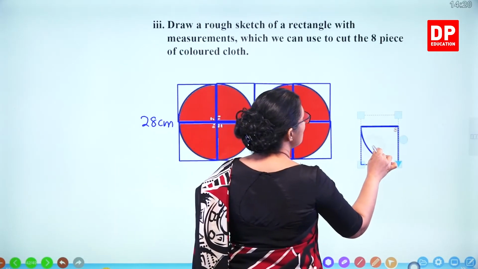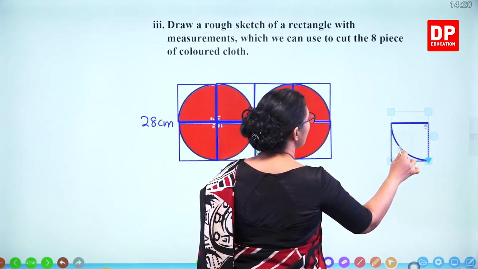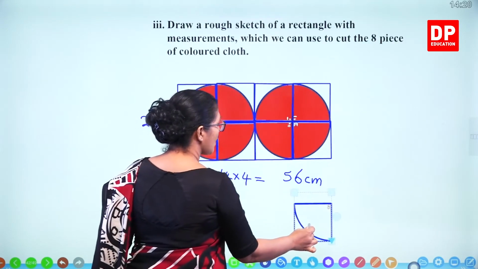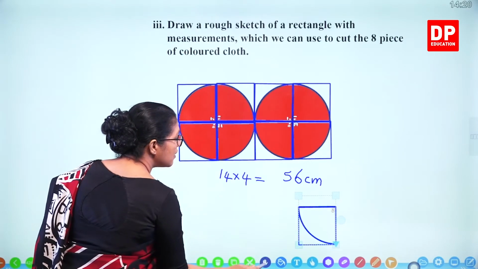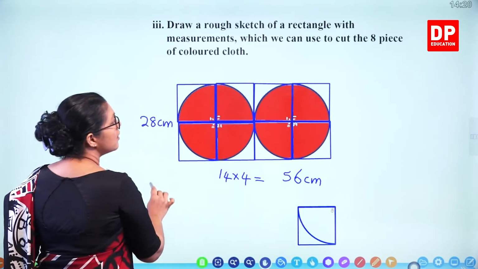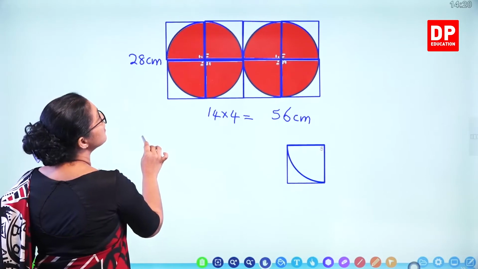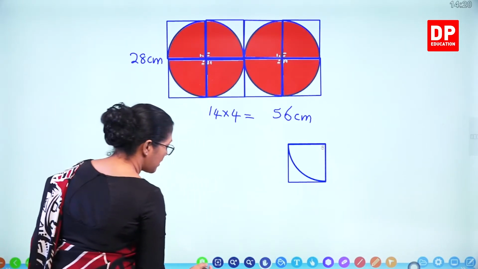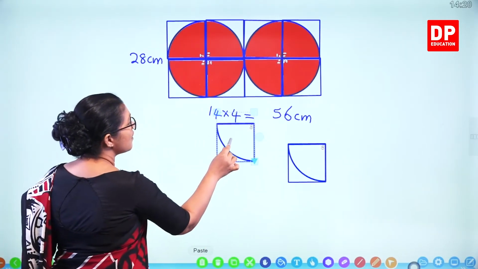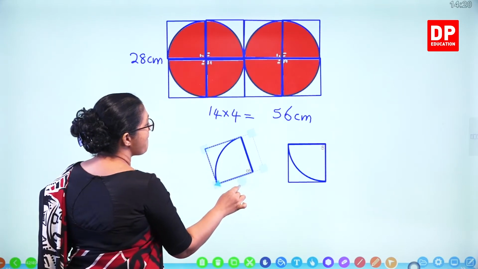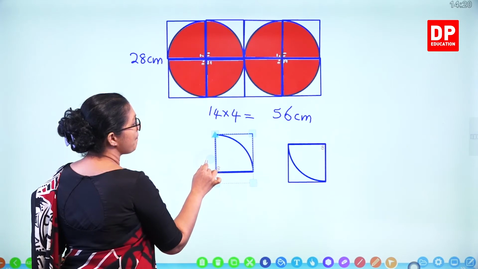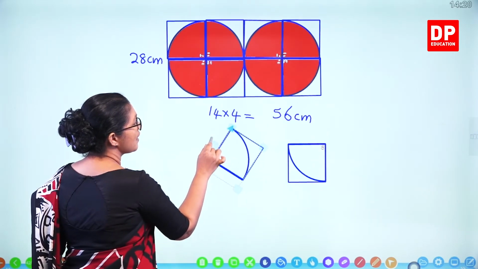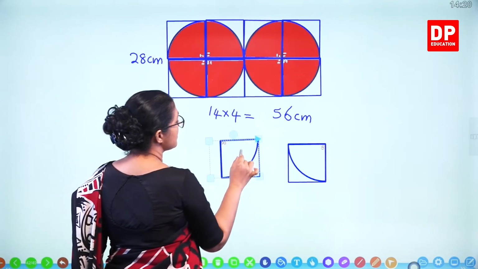So we can cut like this, or we can cut like the other way around. We can use something like this. So here I'll take here another one. This side. We'll take this side.